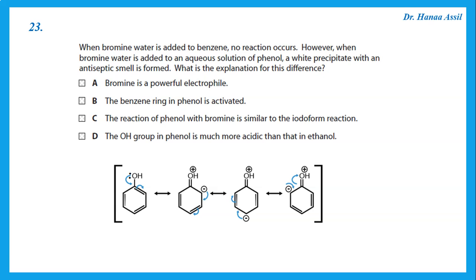We said because phenol has an OH, so the lone pair of electrons on the oxygen can be spread around the benzene ring, or we say can be delocalized around the benzene ring, and this makes the benzene ring in phenol more activated, or it reacts more easily.